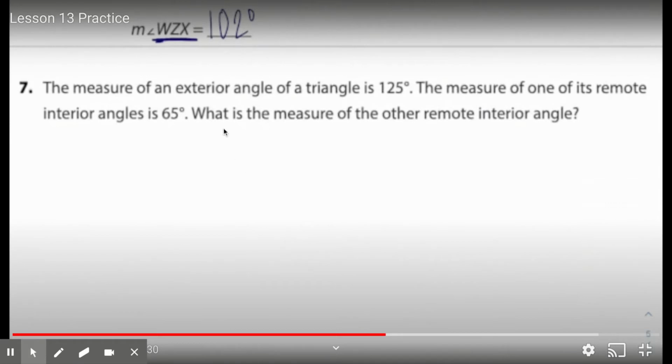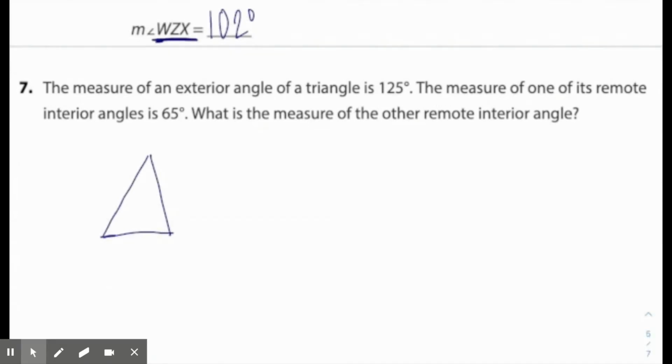All right, the next thing I'm going to look at is these exterior angles are 125 degrees. So I'm going to draw this triangle here.